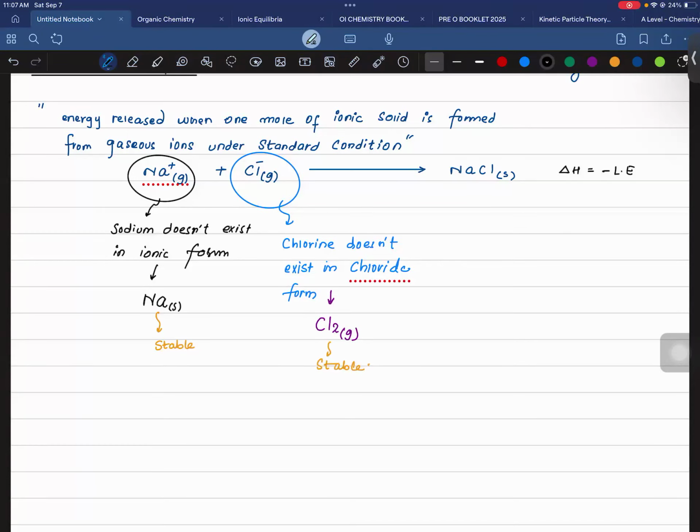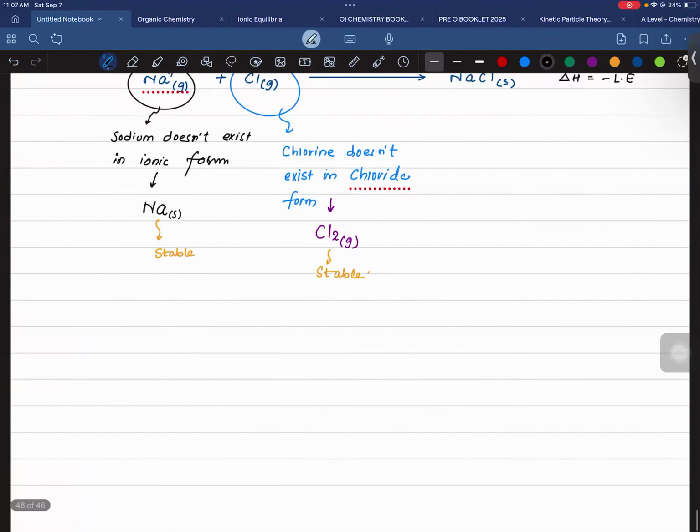Okay. Now my question is that I have to convert this sodium solid into this, and I have to convert this chlorine gas.